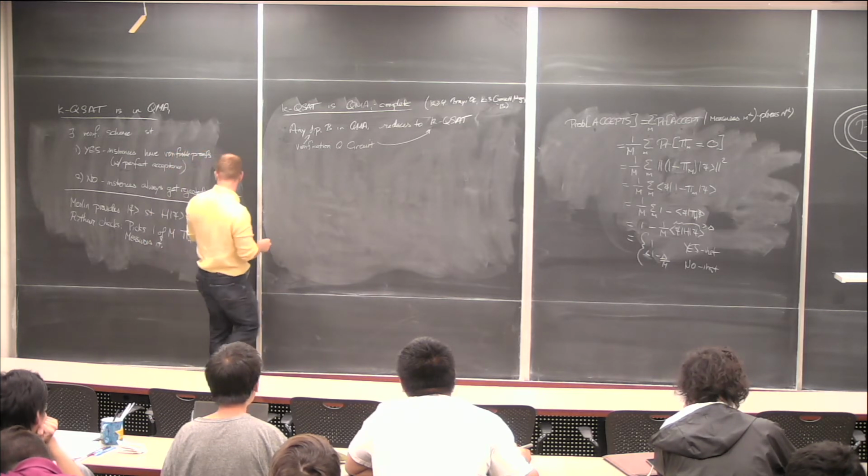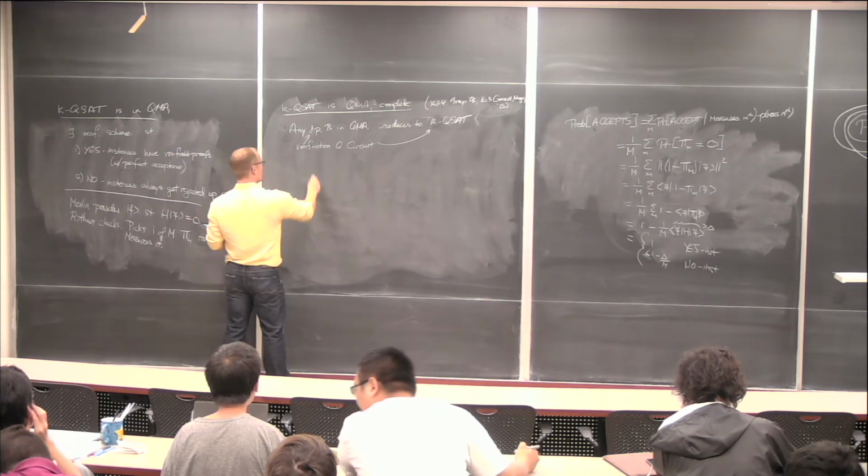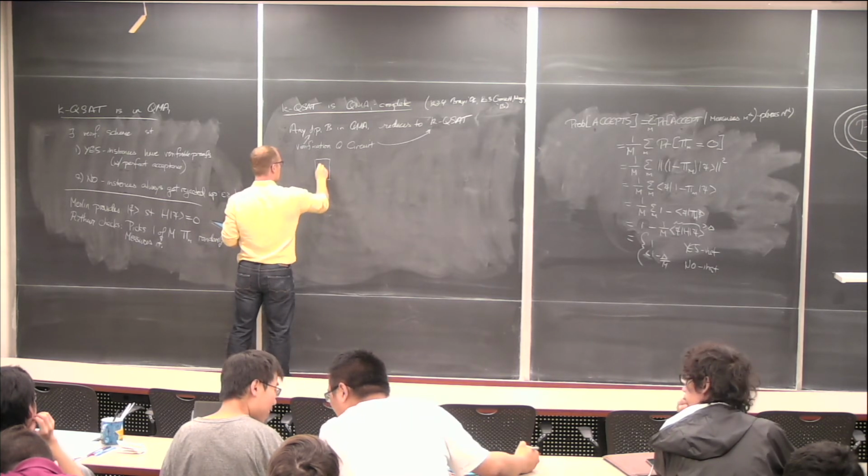Okay? So let's draw a verification circuit. Here's a gate. We'll call it U1.